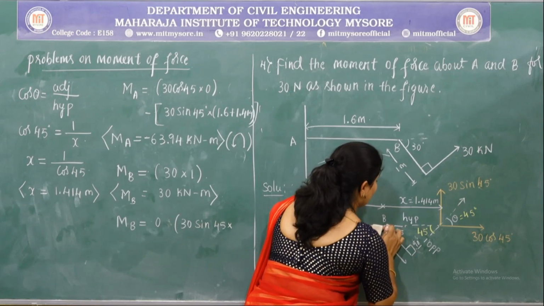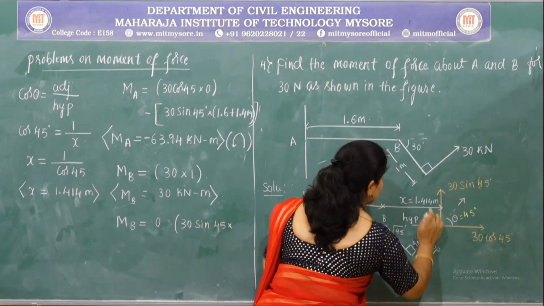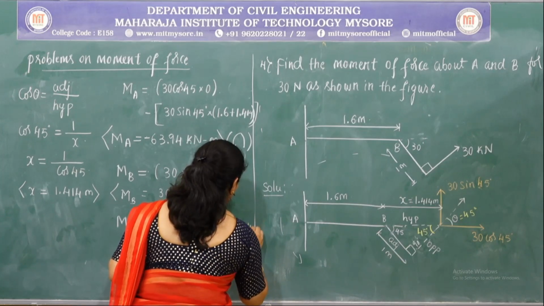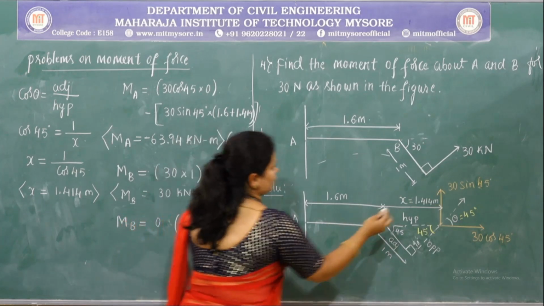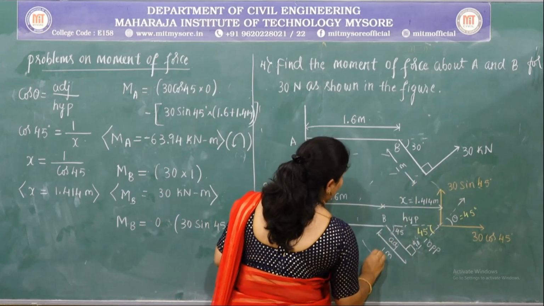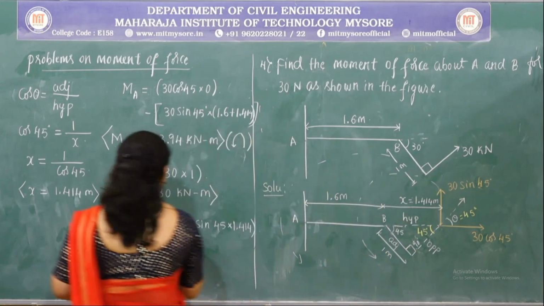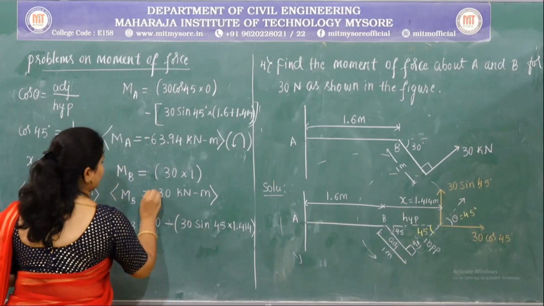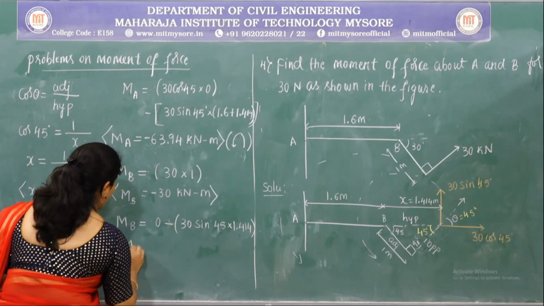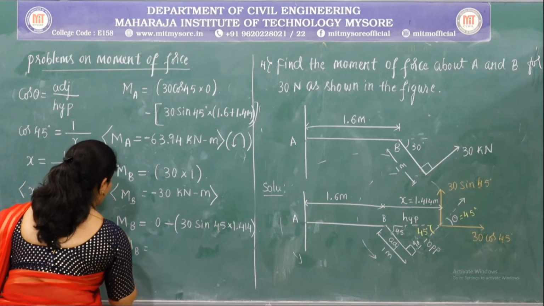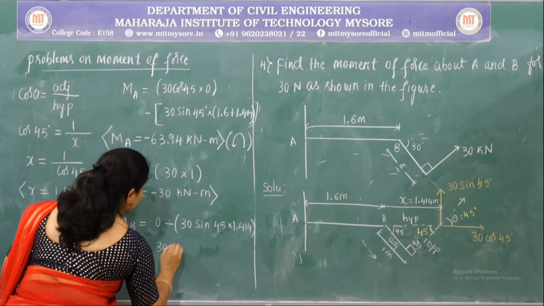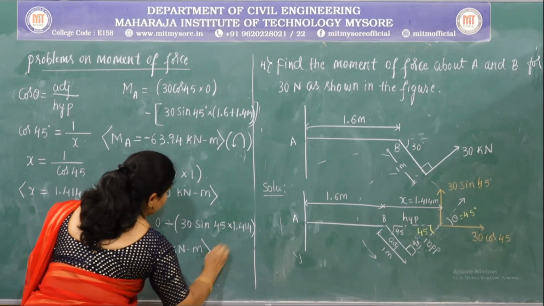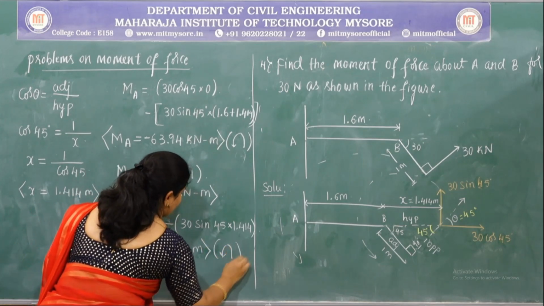Point is point B, so the perpendicular distance is 1.414, and it is producing again anti-clockwise moment. So this will become again 30 kilonewton meter negative, that is anti-clockwise.